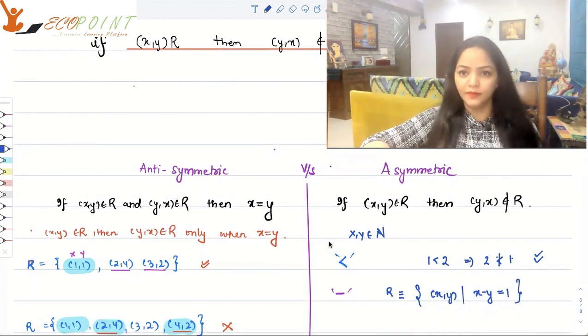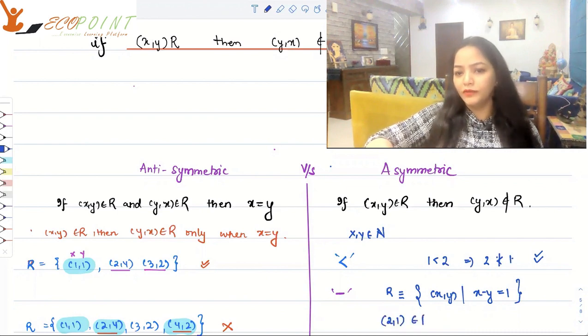Relation minus. And let's take the relation R as the set of all ordered pairs (x, y) such that x minus y equals 1. So clearly (2, 1) belongs to R, but (1, 2) does not belong to R for a simple reason.